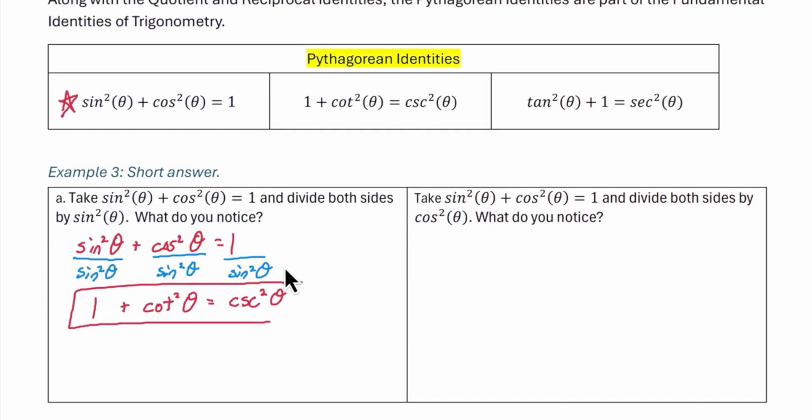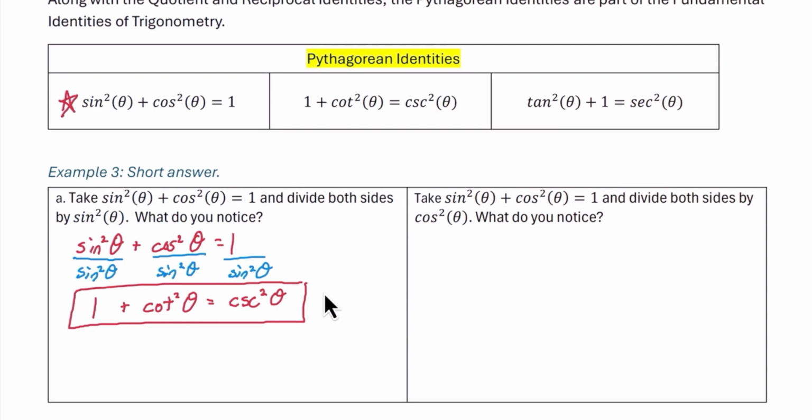Notice what we just created. We just created the second Pythagorean identity. So if you have the first one memorized and know that we can divide by sine squared on every term, we can relatively quickly create that second identity.